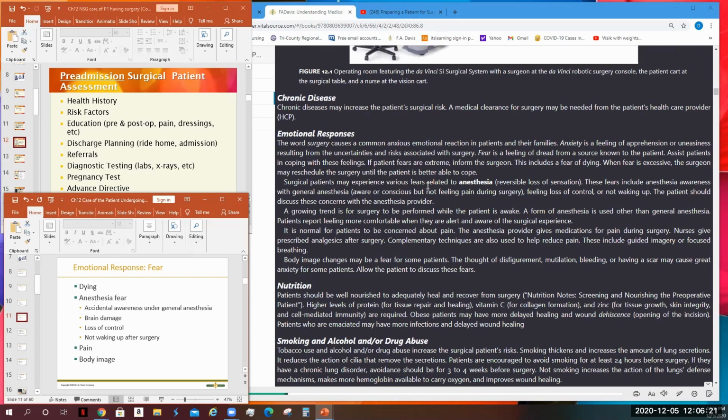Emotional responses. The word surgery causes a common anxious emotional reaction in patients and their families. Anxiety is a feeling of apprehension or uneasiness resulting from the uncertainties and risks associated with surgery.